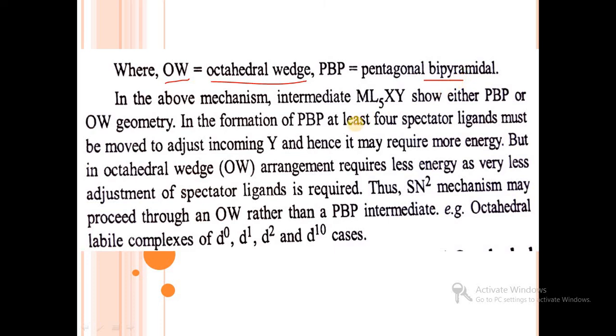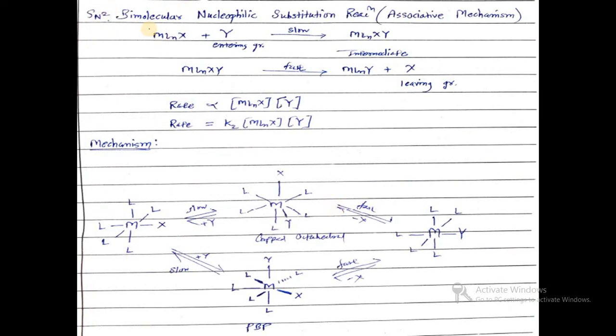SN2 type of mechanisms are shown by compounds like d0, d1, d2 or d10, that is labile complexes, while inert complexes show SN1, because in labile complexes the reaction proceeds through a 7-coordinated intermediate. In SN2 bimolecular nucleophilic substitution, an associative mechanism, in the first step the entering group is introduced, which is the rate determining step, and an intermediate is formed. In the second step the leaving group leaves and we get the product. The rate is dependent on both concentrations.